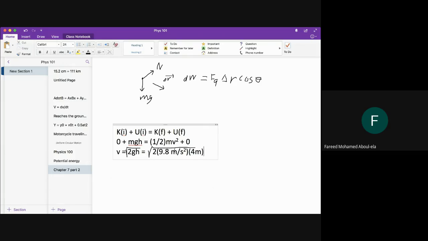And so notice we have meters squared per second squared. And when we take the square root, we get meters per second. And this is equal to the square root of 4 times 9.8, the square root of 78.4, which is 8.85 meters per second. Okay? So that's the answer to part A.